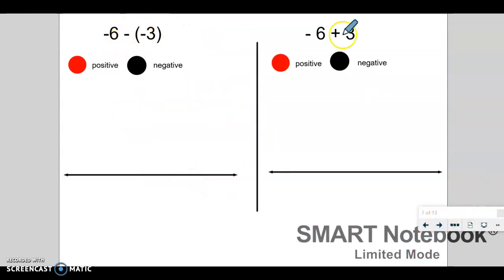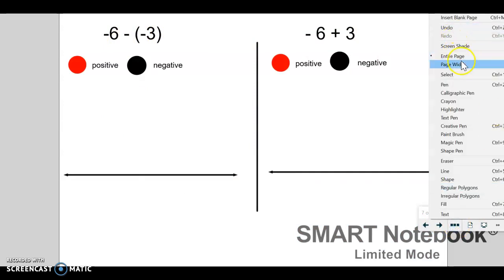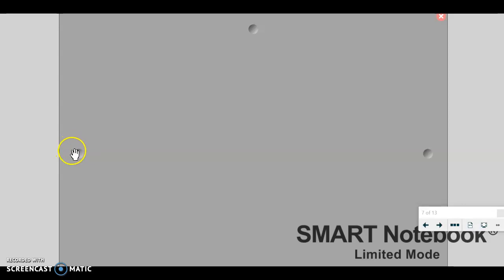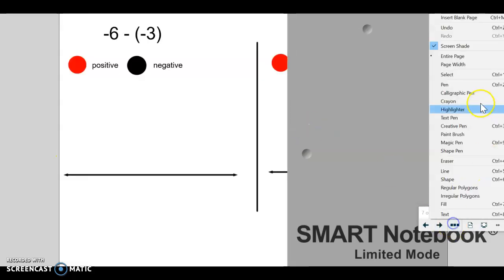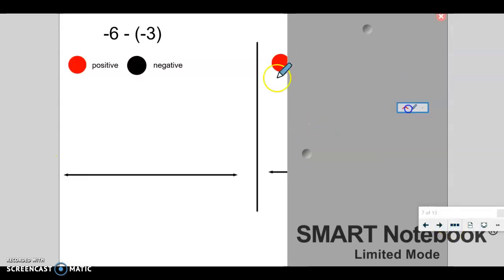So when you get to these problems and you notice the double negative, this is hard. Make sure you're understanding that double negative turns it into a positive. So that goes -6 plus 3. The double negative turns it into a positive.